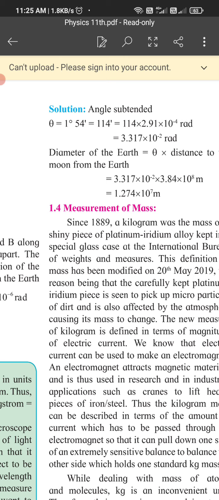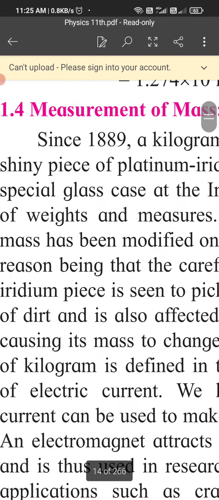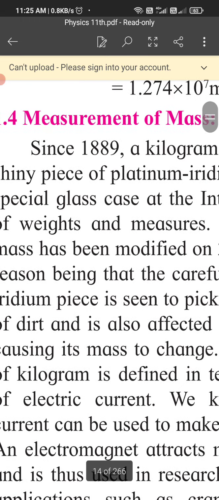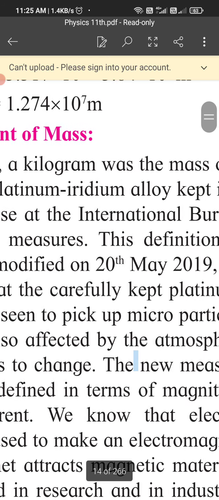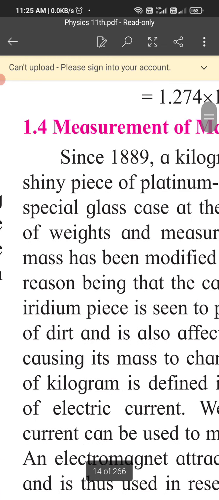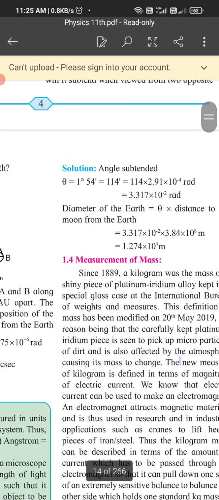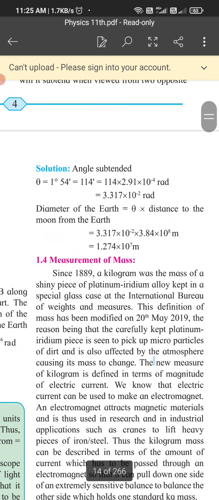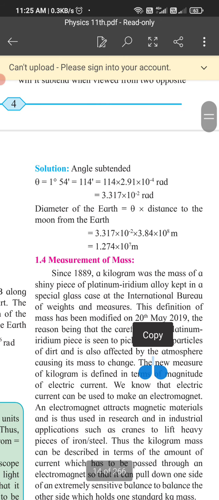Next point, that is measurement of mass. Since 1889, a kilogram was the mass of a shiny piece of platinum iridium alloy kept in a special glass case at the International Bureau of Weights and Measures.